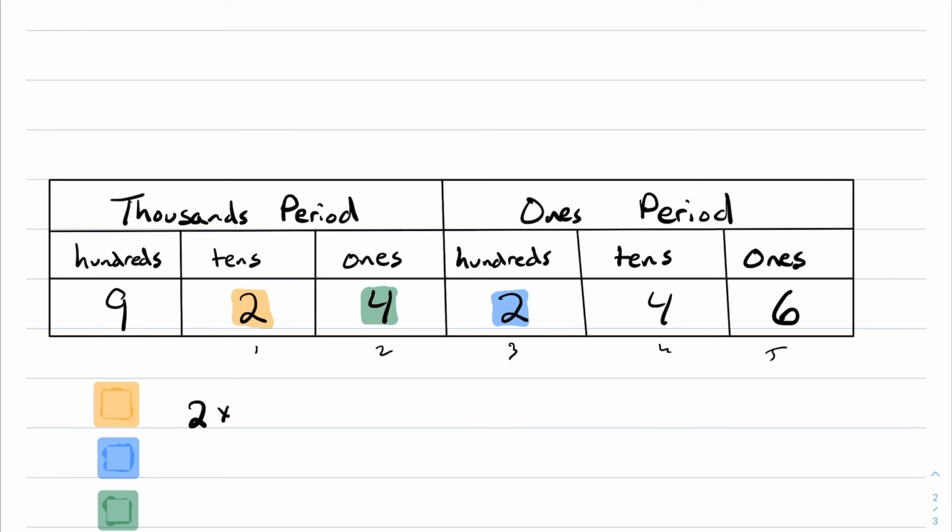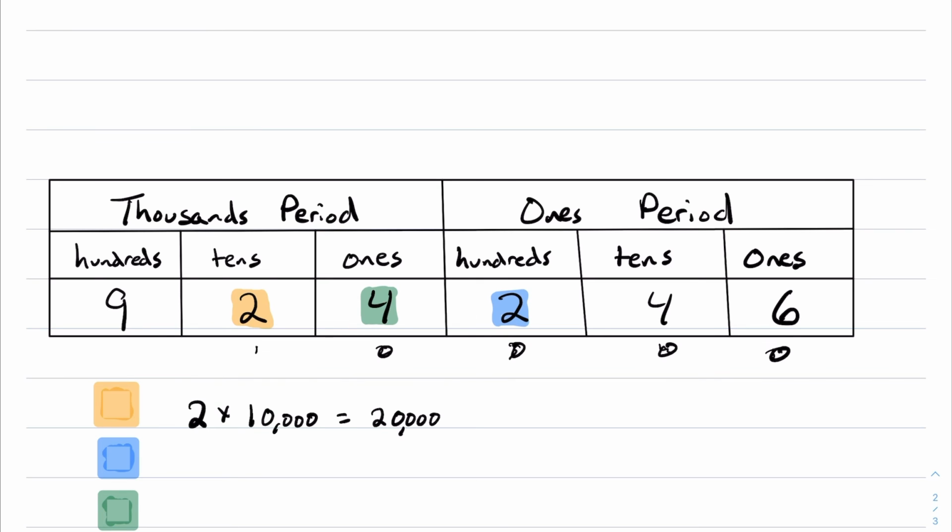So it's going to be 2 times a 1 followed by a 0 here, a 0 here, a 0 here, and a 0 here. So we're going to do 2 times 10,000 because it's in the 10,000s place. So we do 2 times 1, which is 2, and we add those 4 zeros. And we make sure we add our comma. So we know that it has a value of 20,000.